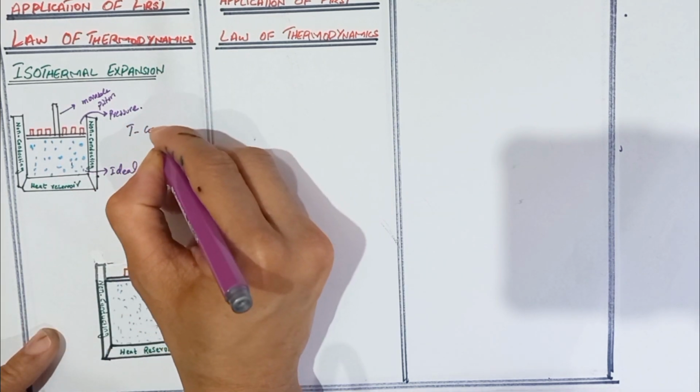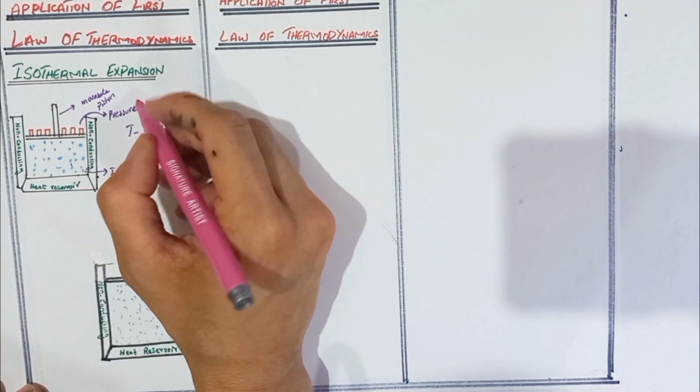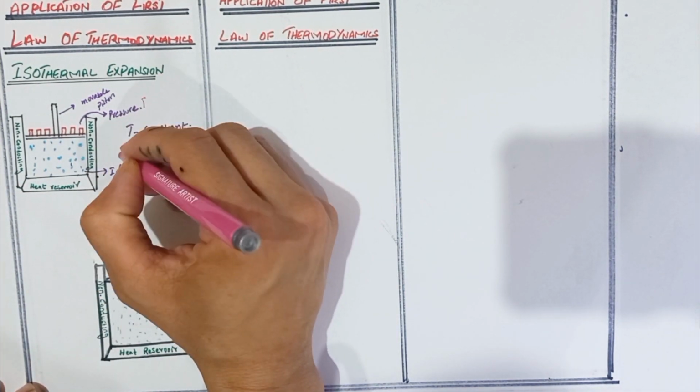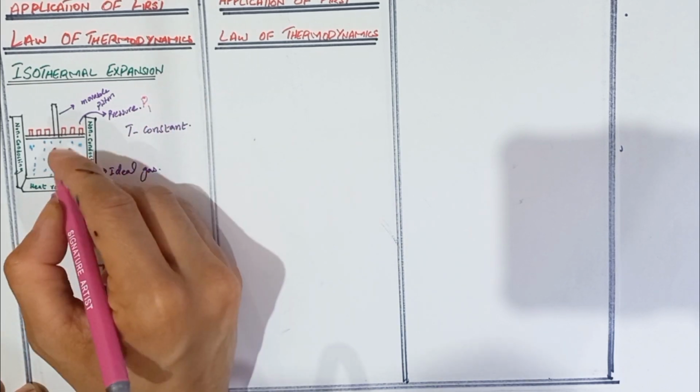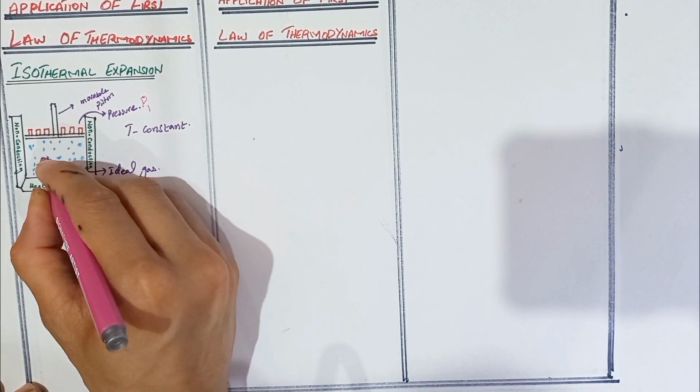The base of the container is conducting. Here we keep the heat reservoir from which we can take heat or release heat. In this case, temperature is constant. Initially the pressure is P1 and the volume of the gas is V1.